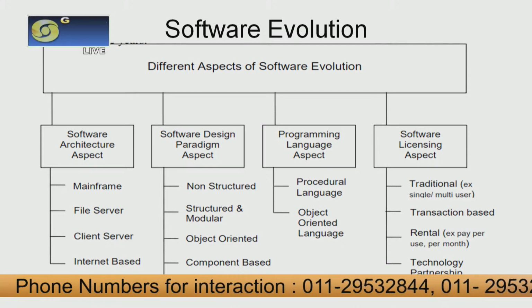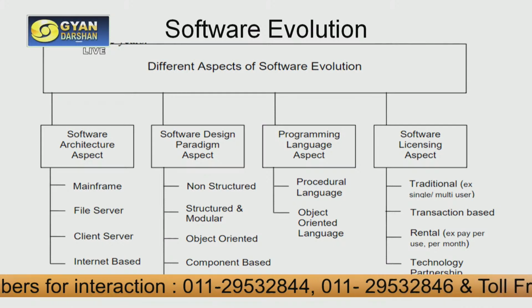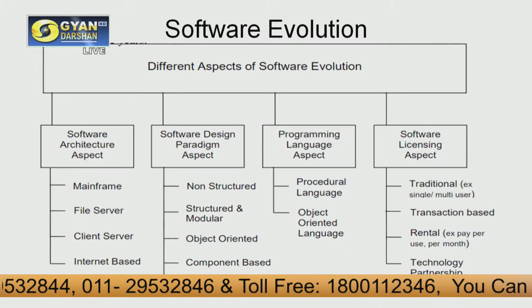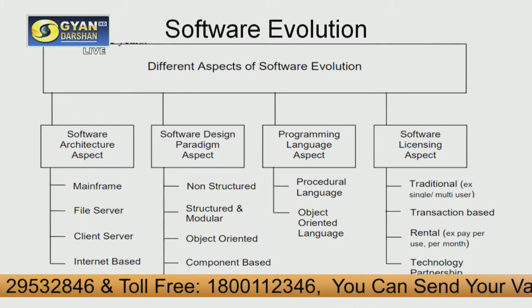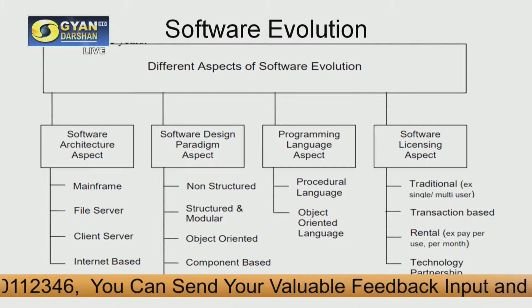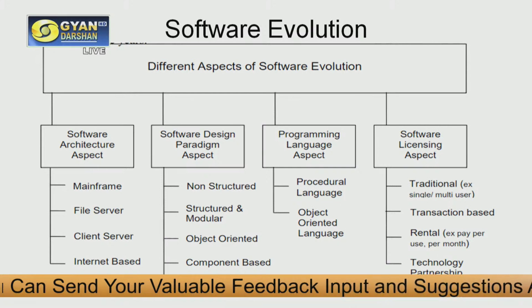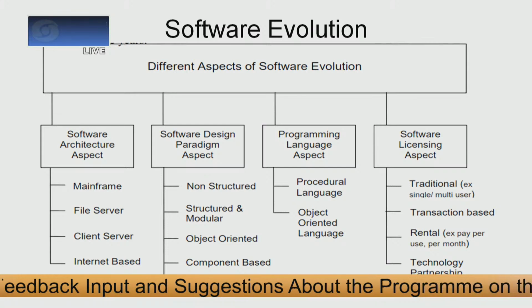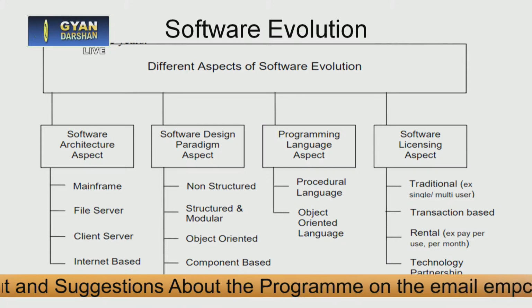As far as the software design paradigm is concerned, we had discussed the non-structured aspect, structured and modular aspects, object-oriented aspects, component-based aspects, and service-oriented aspects. And in the area of programming languages, we had covered procedural languages and object-oriented languages.